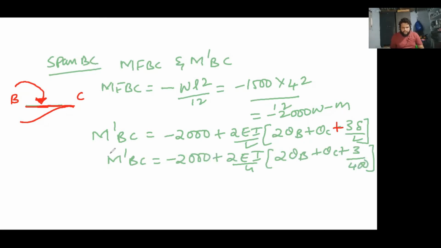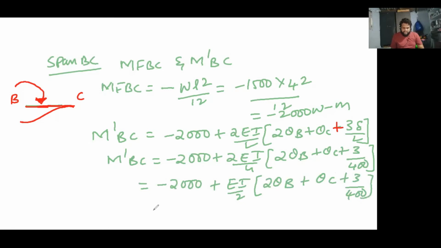Now if you rewrite this equation, minus 2000 plus EI by 2 into 2 theta B plus theta C plus 3 by 400. So this is the value for M dash BC, this is equation number 3.